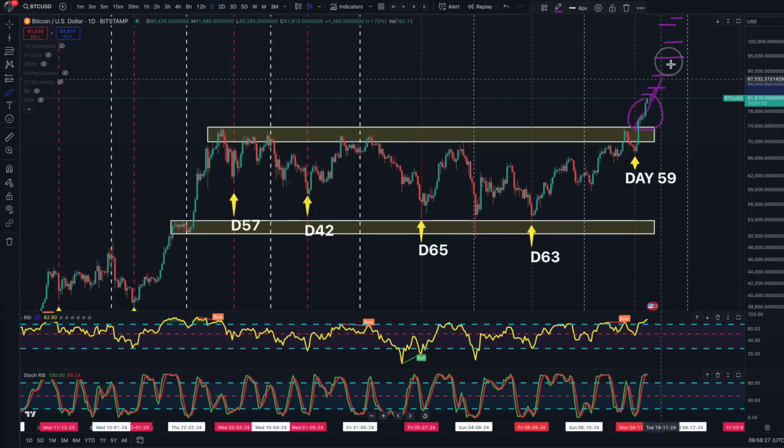But in between here, we must always keep our guard up, because we know that Bitcoin has a habit of giving us a big correction just when we least expect it. So this is why it's always very important to remain open, fluid, and flexible.